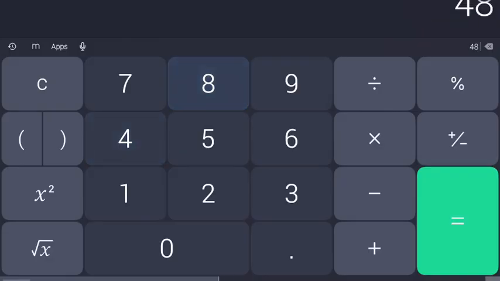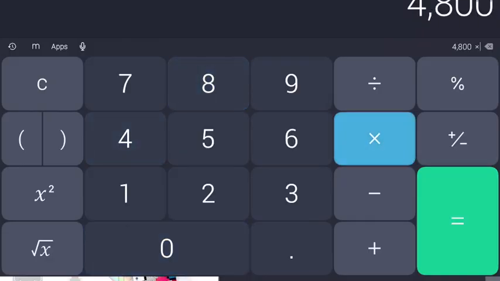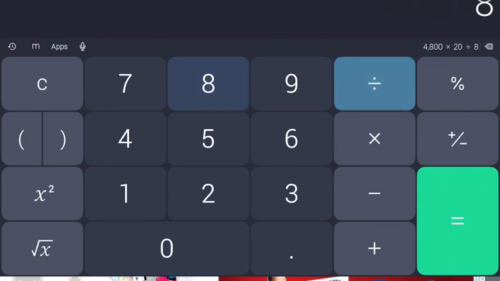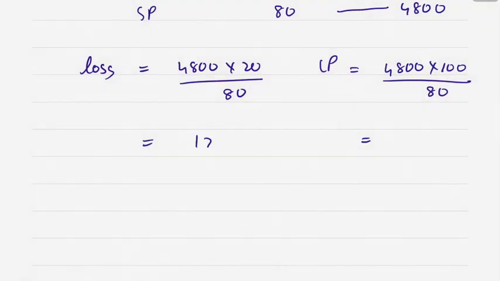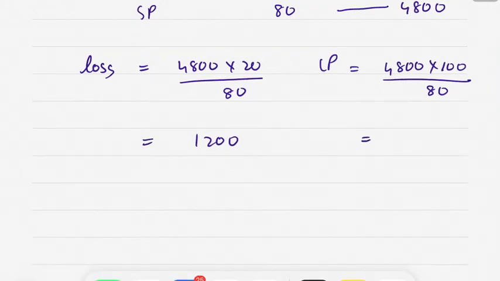Calculate. 4,800 into 20 divided by 80. It comes to 1,200. Okay. So 1,200 is the loss.